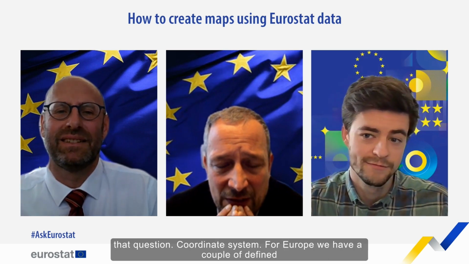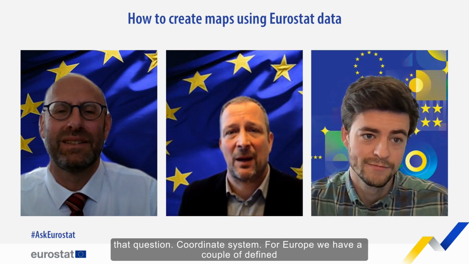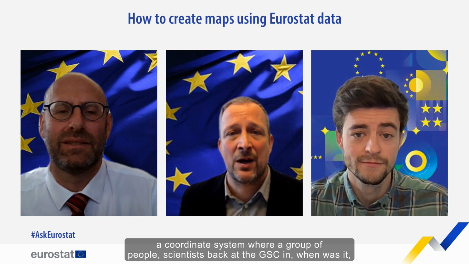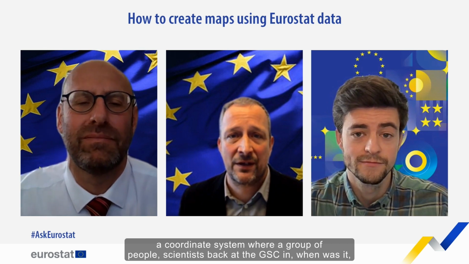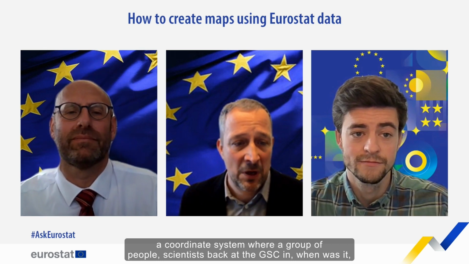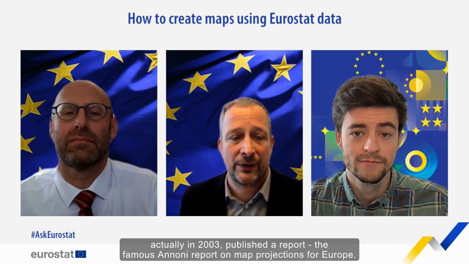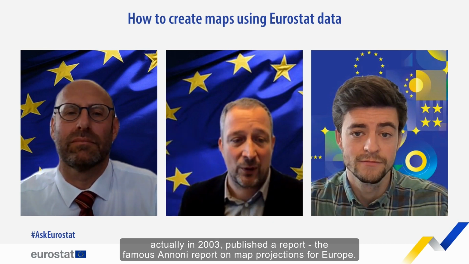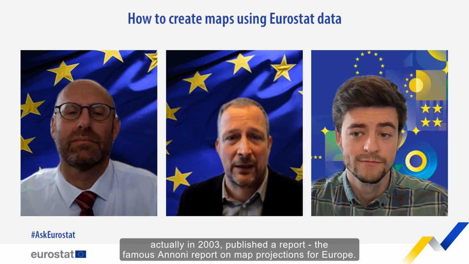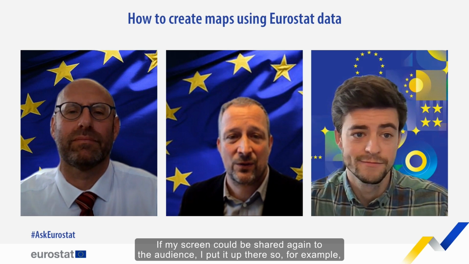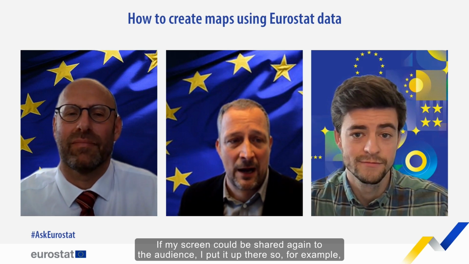Coordinate system. For Europe, we have a couple of defined coordinate systems, where a group of scientists back at the JRC, in 2003, published a report, the famous Annoni report on map projections for Europe. If my screen could be shared again to the audience, I'll put it up there.